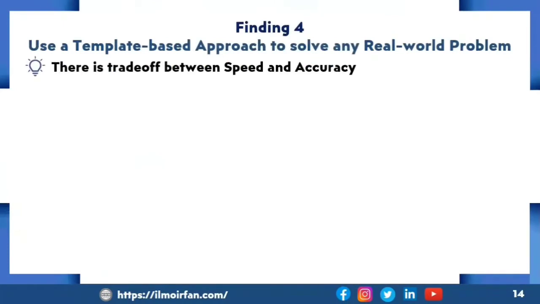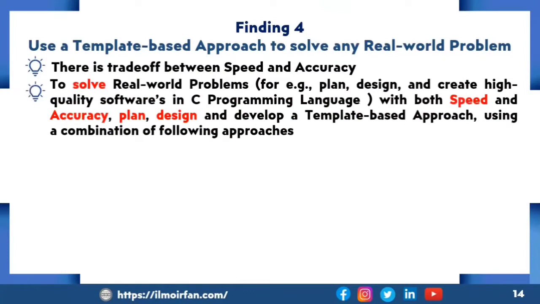Finding 4, use a template-based approach to solve any real-world problem. There is a trade-off between speed and accuracy. To solve real-world problems, for example, plan, design, and create high-quality software in C programming language with both speed and accuracy, plan, design, and develop a template-based approach using a combination of following approaches.